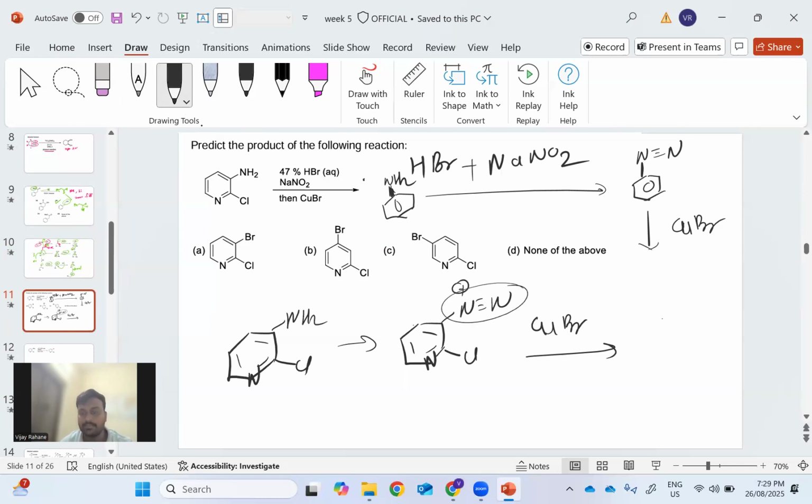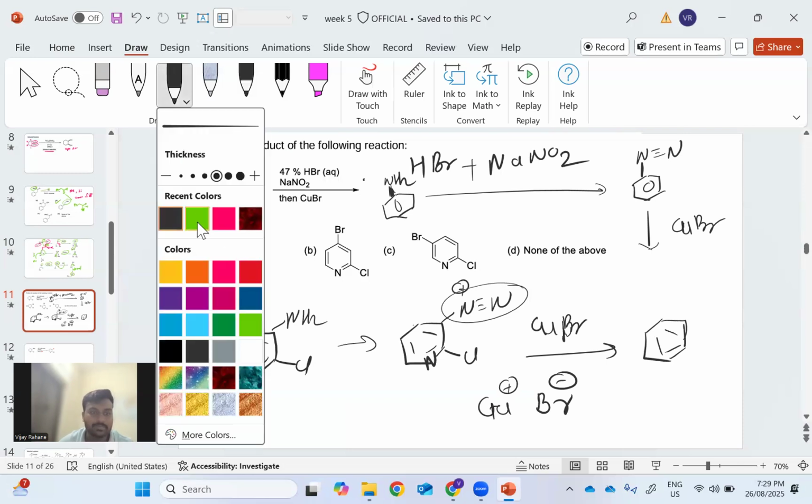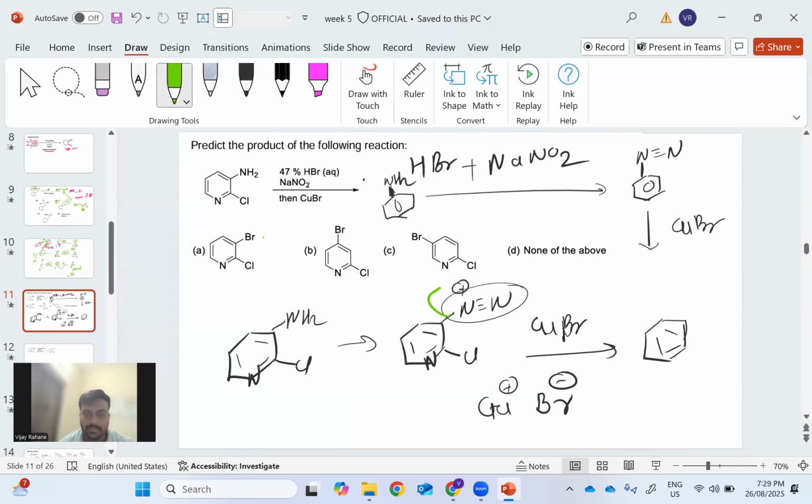This CuBr helps to eliminate this one. Here, the Br will be the negative charge, and the Cu is the positive charge. So the bond pair of electrons associated with the carbon nitrogen bond, it takes that one, so the N2 is eliminated from the reaction.